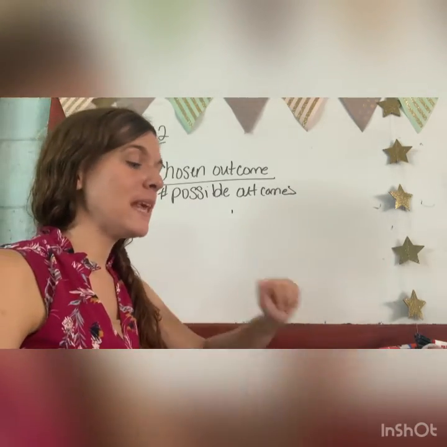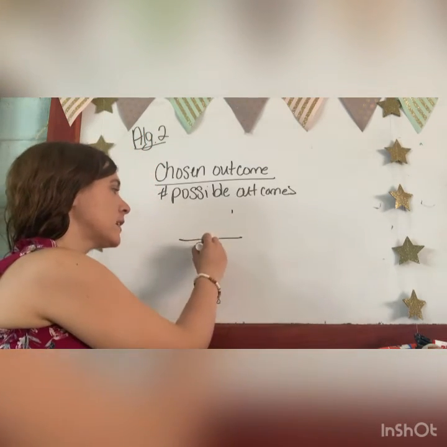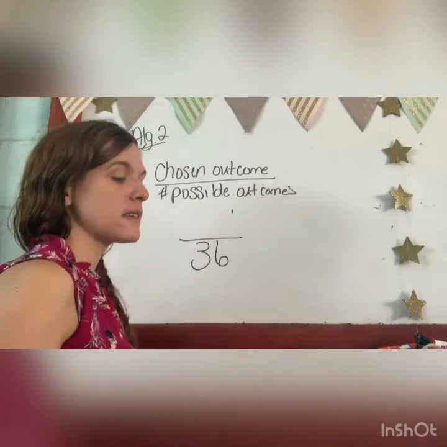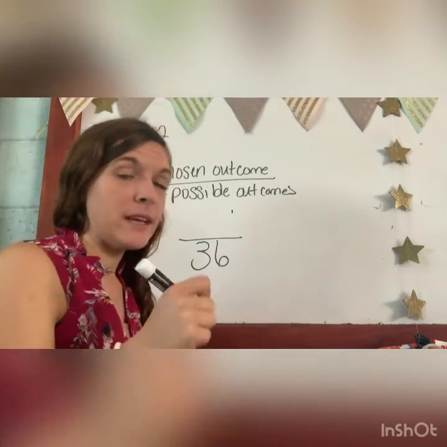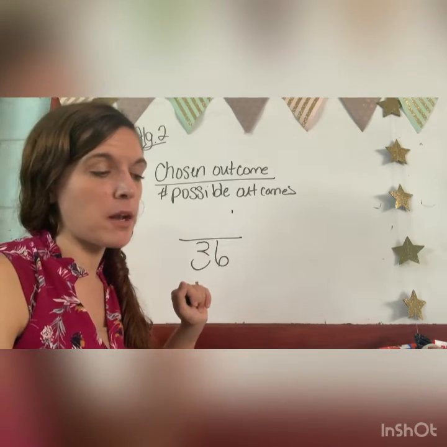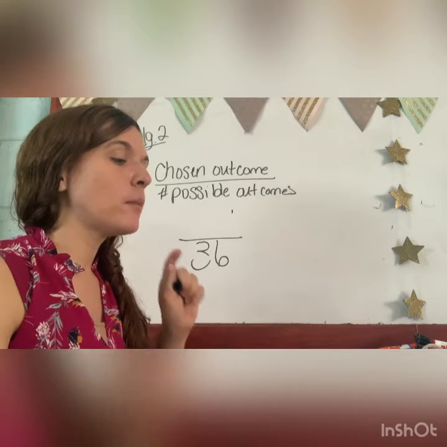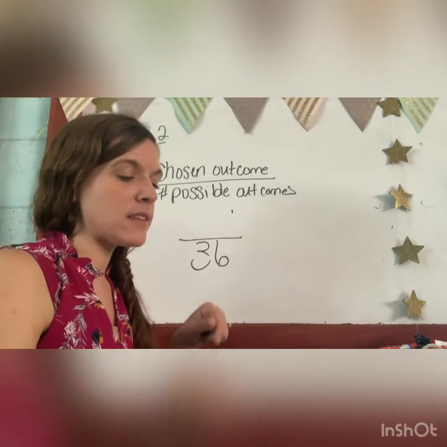But look at letter B. What's the probability of getting a number greater than 8? Again, we have 36 possible choices, and you might want to write that on the side of it, so that every time you have a problem like this, you'll know that there's 36 for the bottom. Now count how many numbers there are that are greater than 8. That's all the 9s, all the 10s, all the 11s, and the 12.